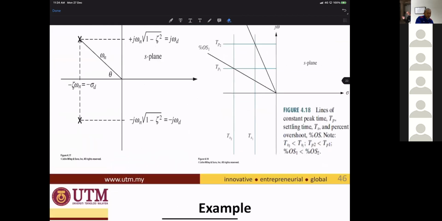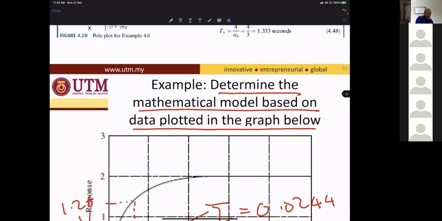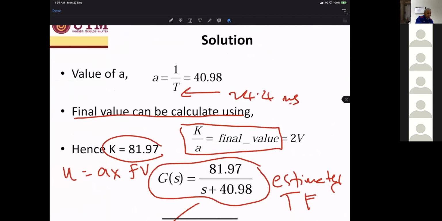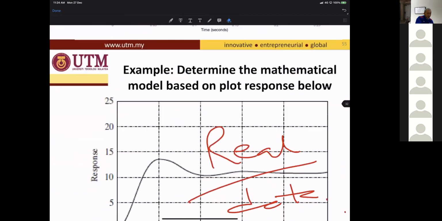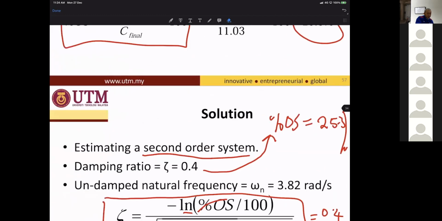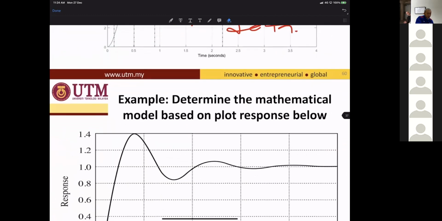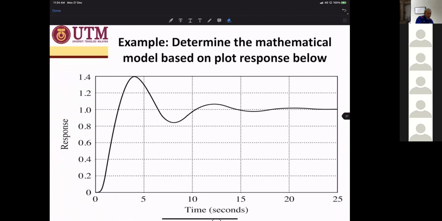Okay, Prof. So far, so good. Thank you. So we continue to the third one, which is this one. By observation, this one is also second order.